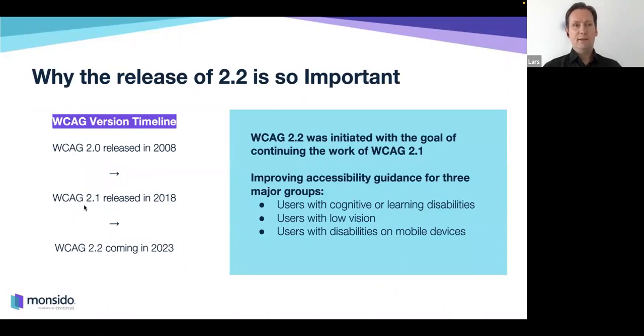So if we take the next slide, why is it important with this release of the new 2.2 version? It's important because the internet is really developing. It's not the same today as it was back in 2008 when the first version 2 of WCAG came out.